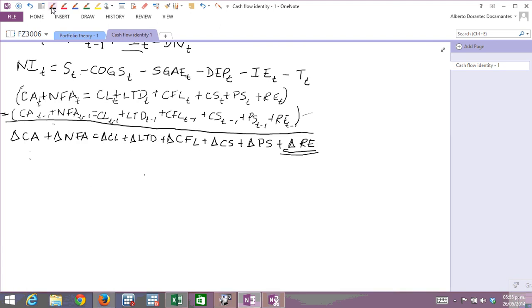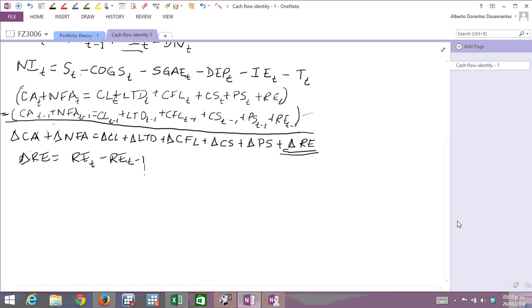Then what is delta of retained earnings? Delta of retained earnings is equal to retained earnings of today minus retained earnings of yesterday.